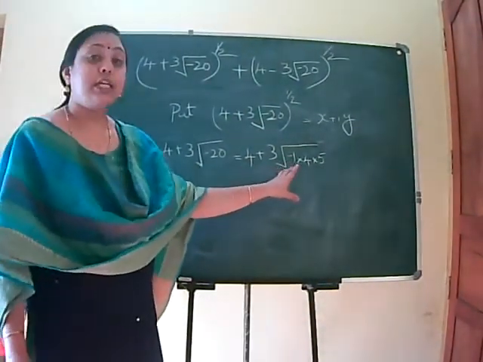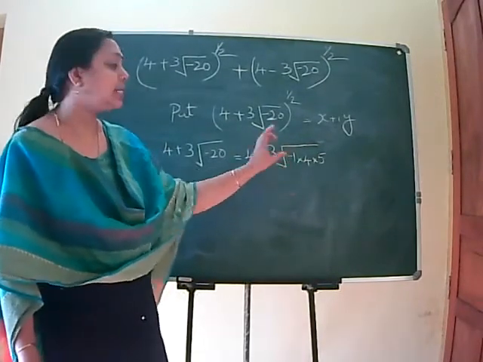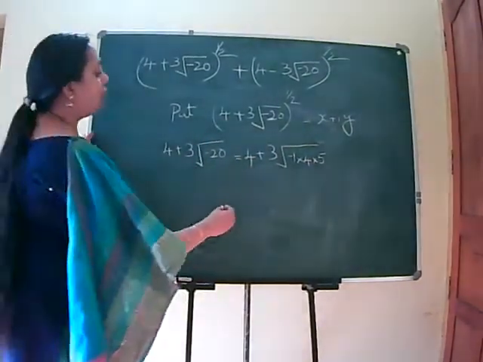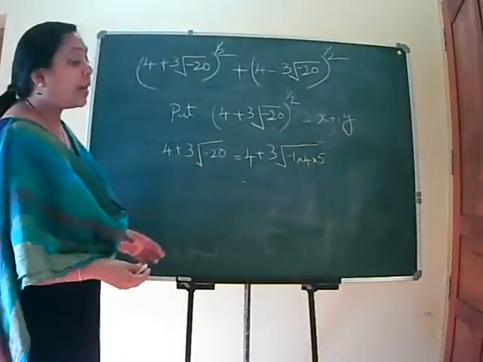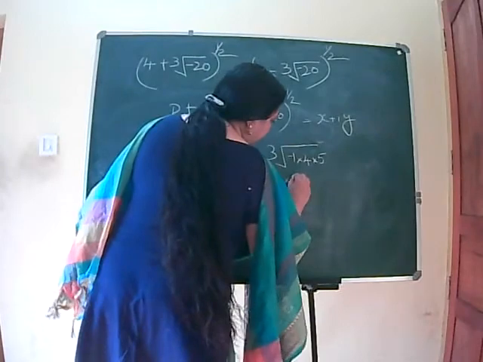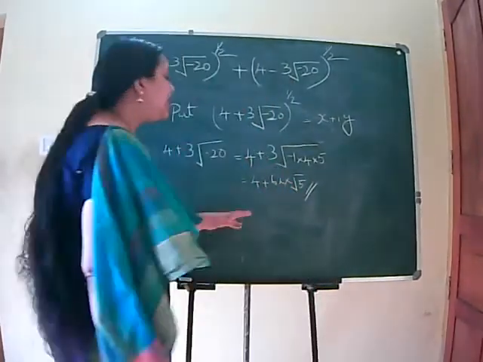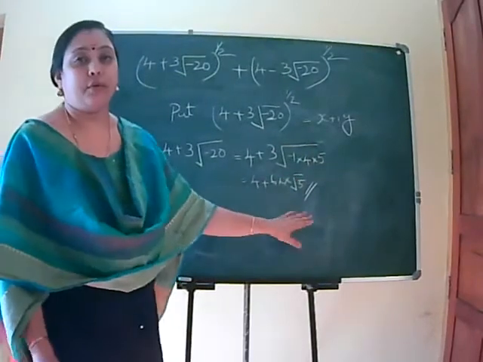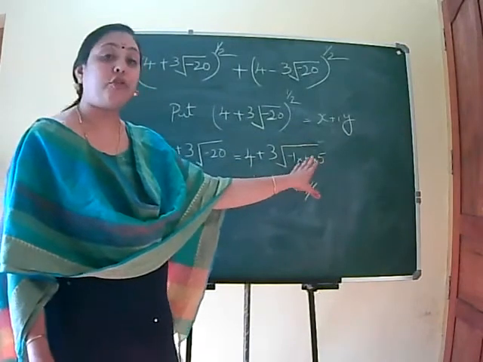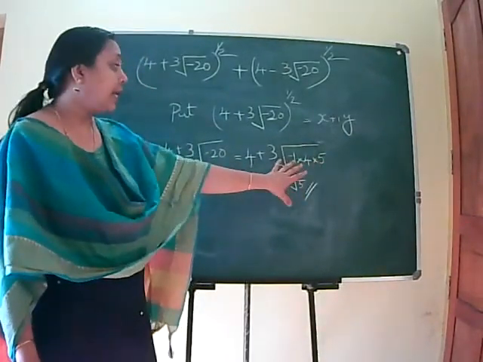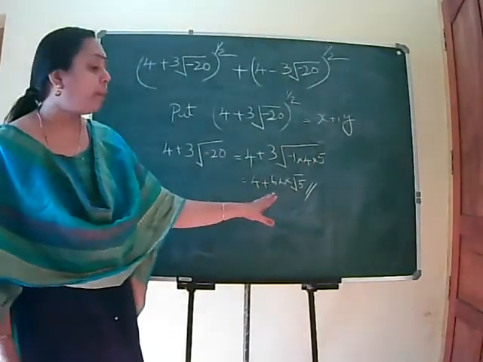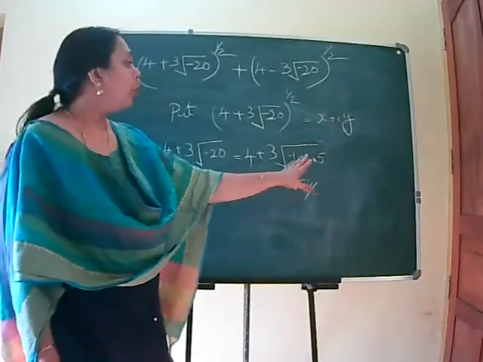And we know that the square root of minus 1 is i and square root of 4 is 2. So that becomes 4 plus 6i into root 5. So that becomes 4 plus 6i into root 5.